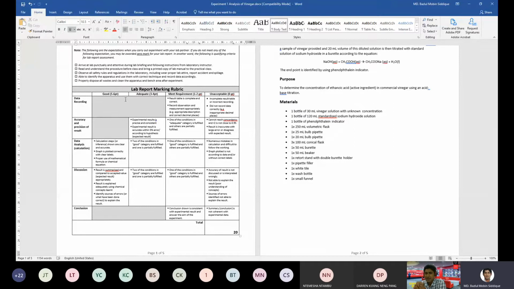For data analysis, you should show me the data and every step of how you do the calculation. Don't jump. Don't assume that everybody knows and skip a few steps to go directly to the answer or result.